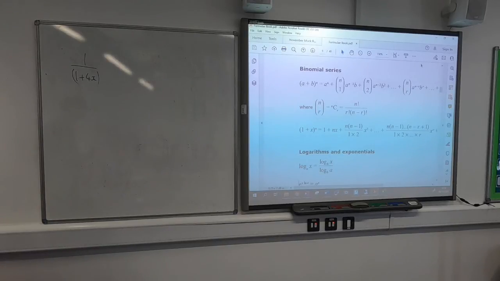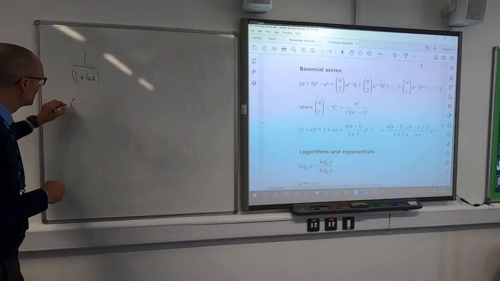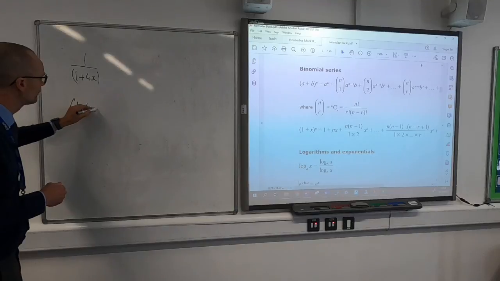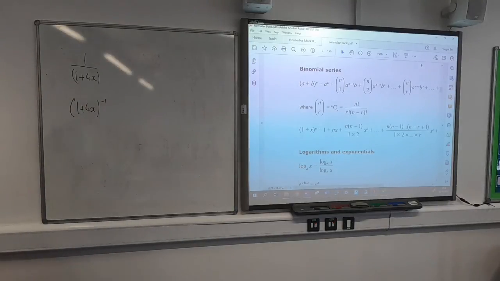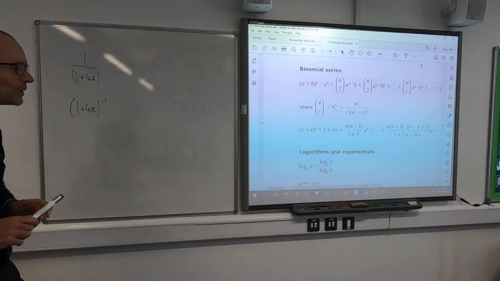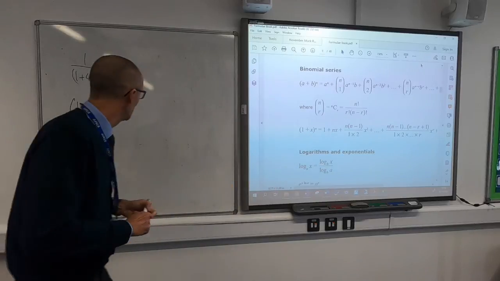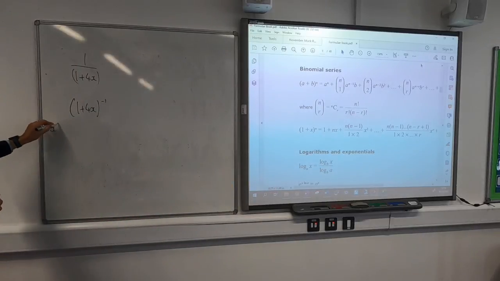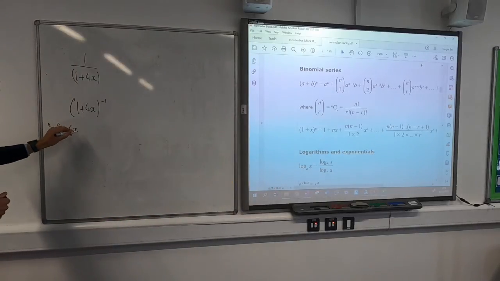Is it a negative? Yeah, so it's the same as this. 1 over 1 plus 4x is the same as 1 plus 4x to the power of -1, which does look like this. X is now 4x, and n is now -1.